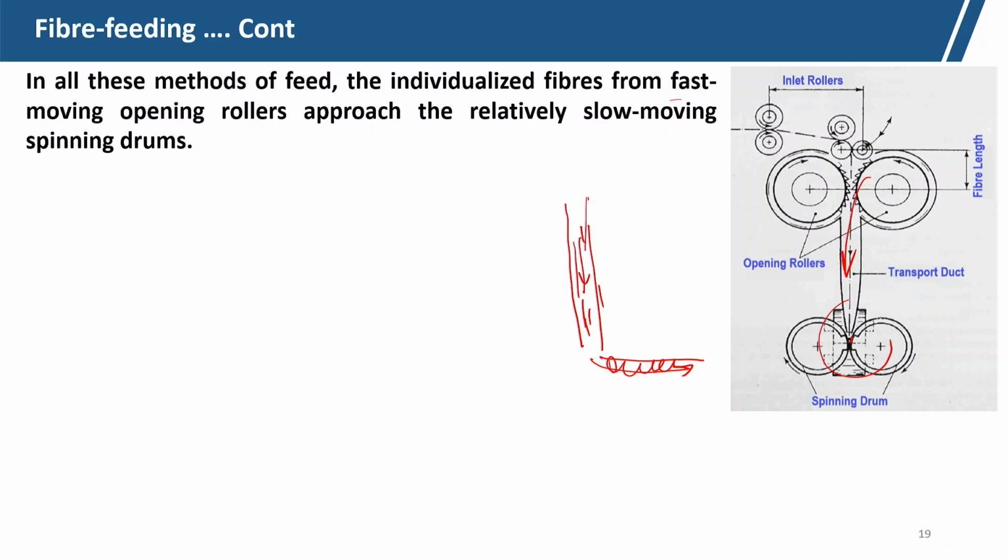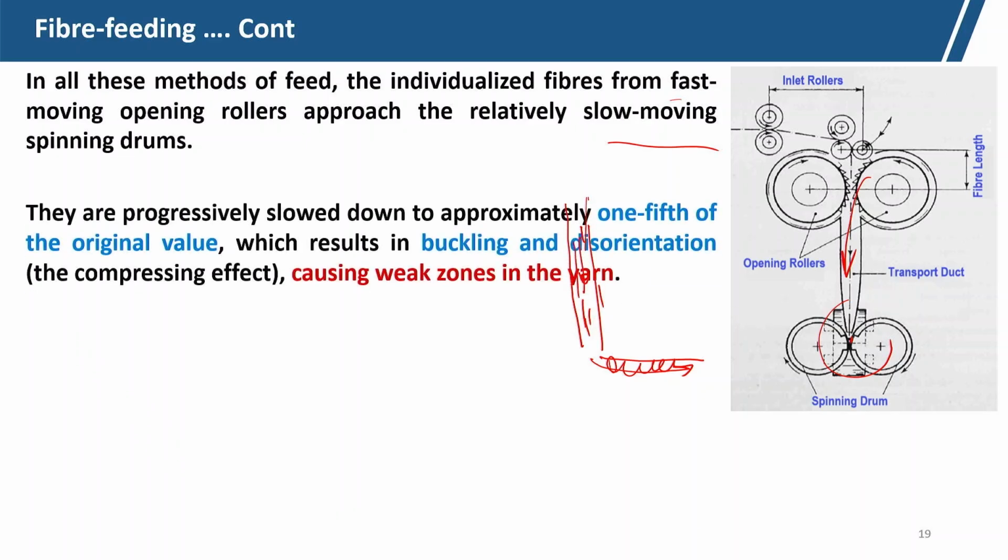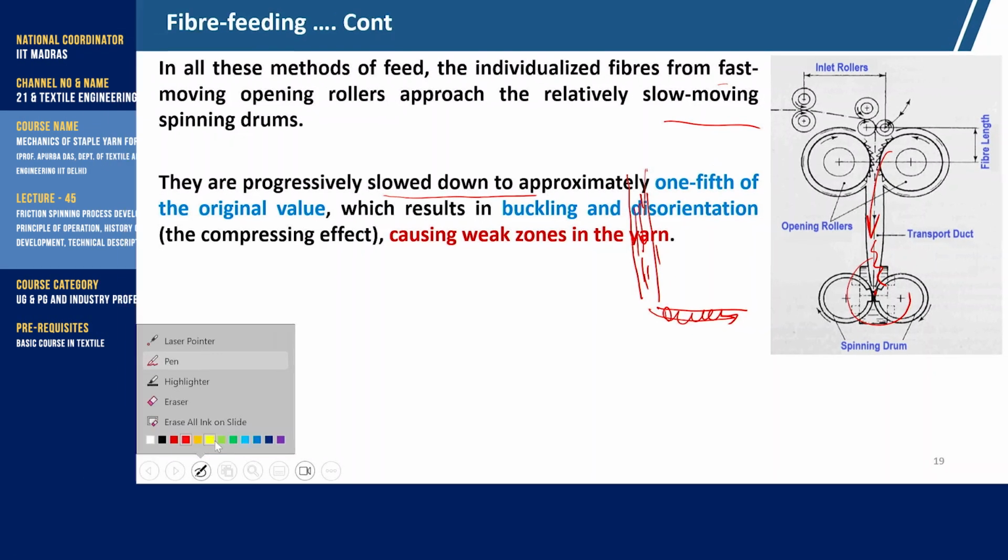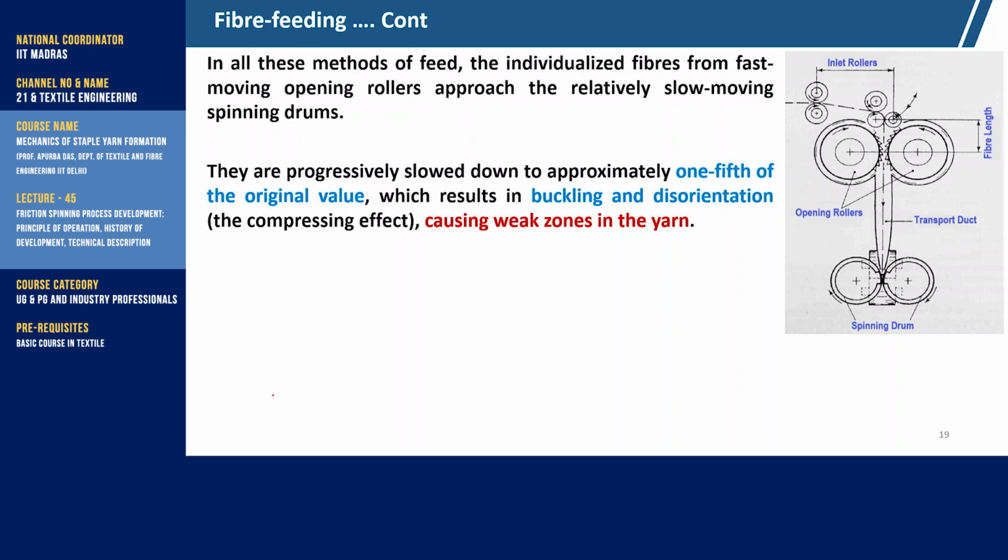So, at this slow moving spinning drum, their speeds progressively slow down to approximately 1/5 of the original value, which results in buckling of the fibers, and they are disoriented, which causes weak zones in the yarn. So, when the fibers buckle and form the yarn, it results in a weak yarn.